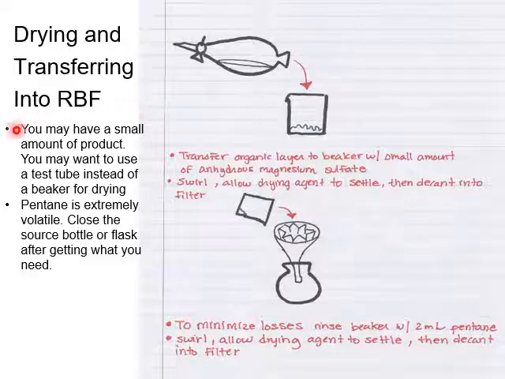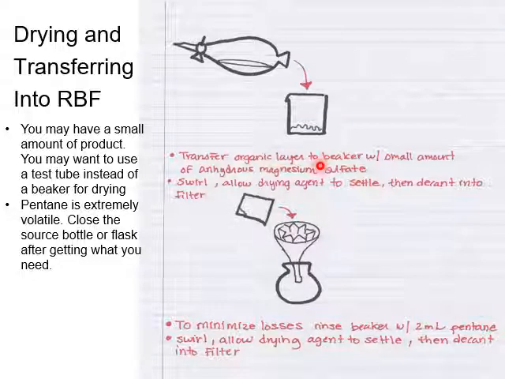You may have a small amount of product, so you may want to use a test tube instead of a beaker for drying, because if it's too little, then it's going to be hard to get it out of a bigger beaker. Also, pentane is extremely volatile, so you have to close the source bottle or flask after getting what you need.